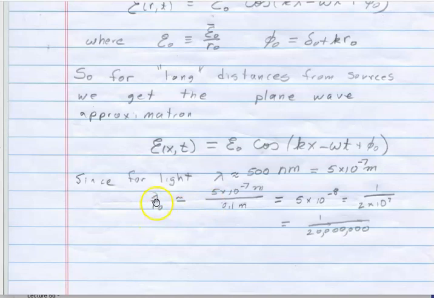And so this lambda over r naught, even if x is many multiples of this, is still a very, very small number, about 1 part in 20 million. And so I can take out a few million wavelengths here to get to reasonable distances. Plane wave approximation. We'll use it almost exclusively.